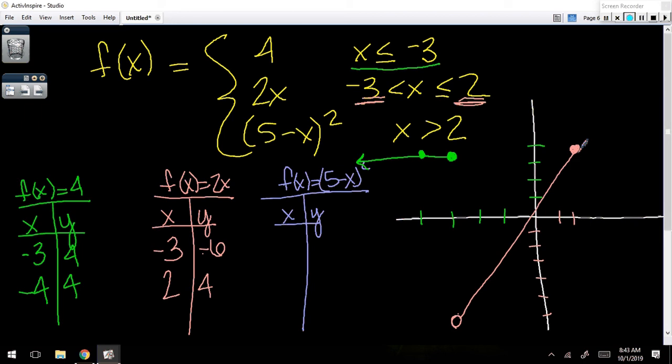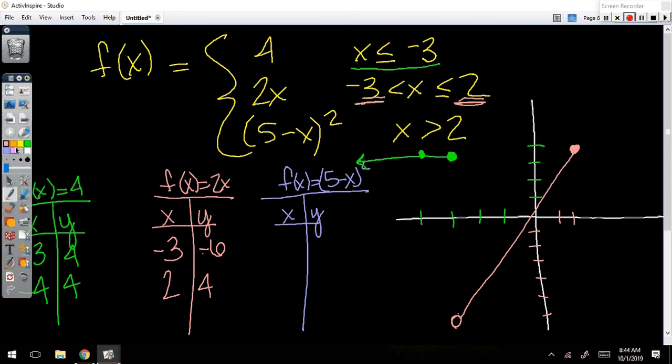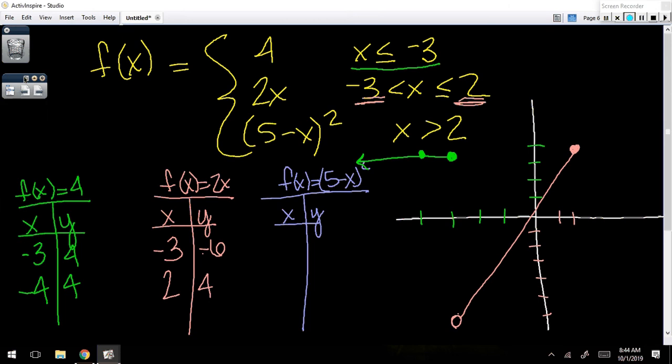And then my very last one is the hardest because it is a parabola, which means I have to pick up more points than with a line. If there's a line under it like this, it's closed. I'm going to go 2, 3, 4 and see what happens.